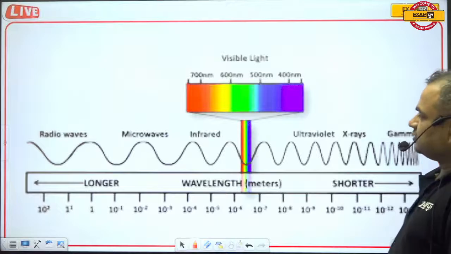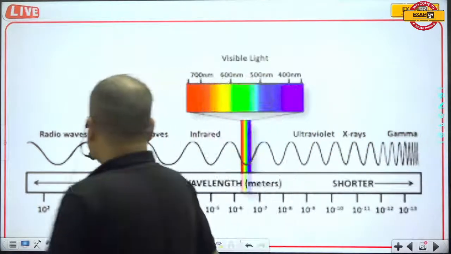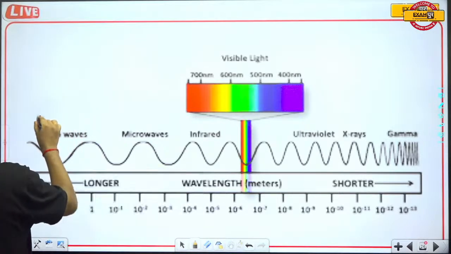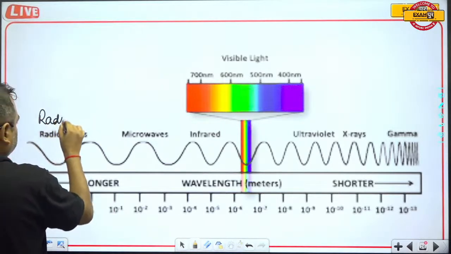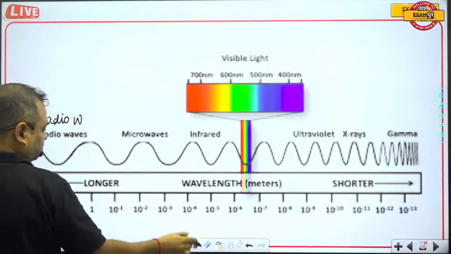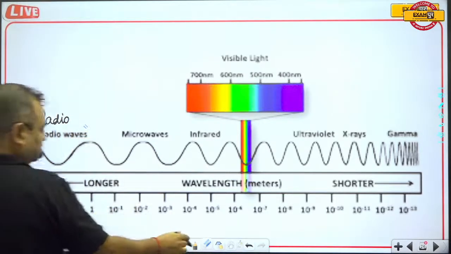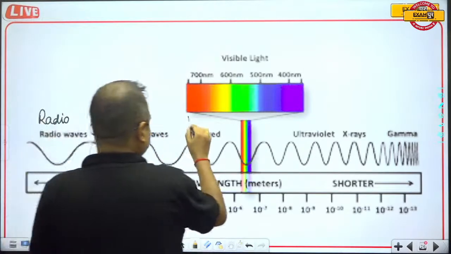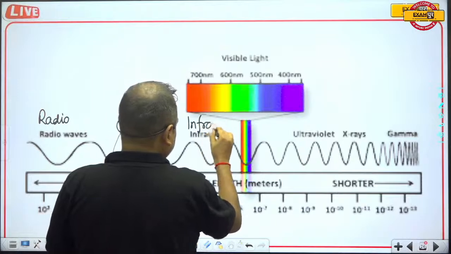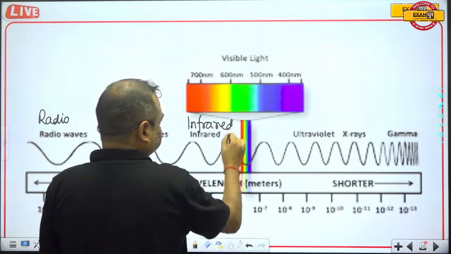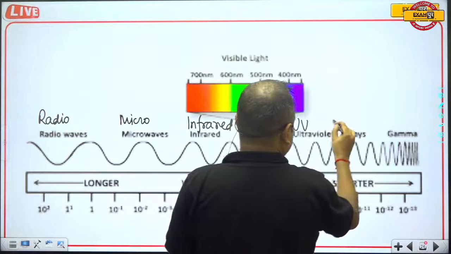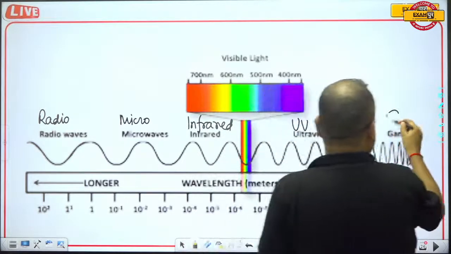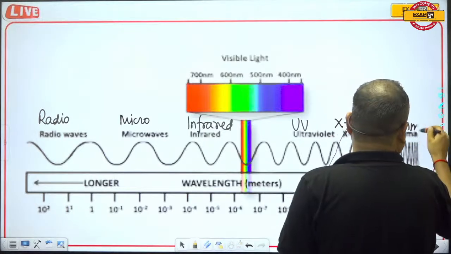We can see here the electromagnetic wave spectrum, guys. This is radio, micro, infrared, ultraviolet, X-rays, and this is gamma rays.